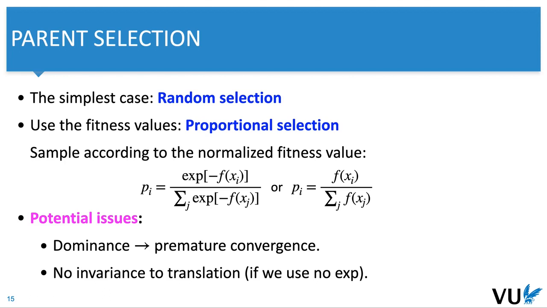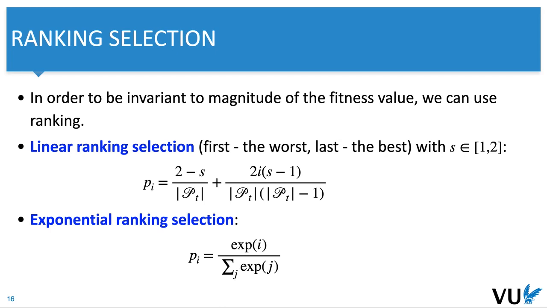All right. So another thing is something that is called ranking selection. In order to avoid this problem with dominance and to be invariant to the magnitude of the fitness value, people proposed to use ranking. The first idea is linear ranking selection. So first is the worst individual, and the last one is the best one.